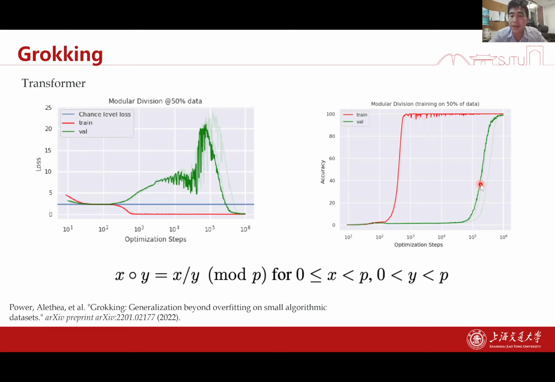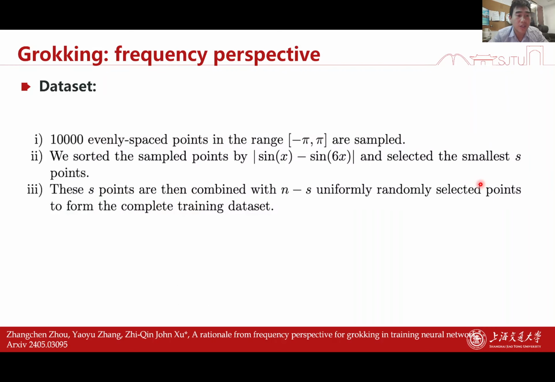There are many works on understanding grokking. Here's an example. In this example, we use a one-dimensional data set to understand, from one aspect called the frequency perspective, why grokking can happen. The target is a function of sin 6x.